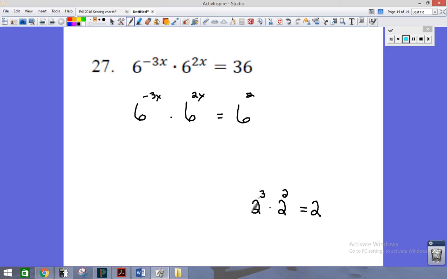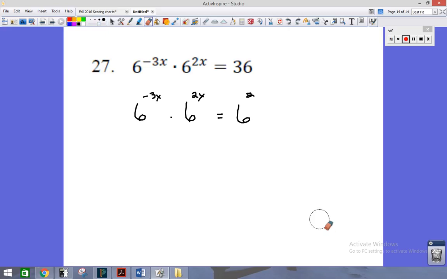Well, the slow way to do it would be to write 2 to the third power as 2 times 2 times 2, and 2 squared as 2 times 2, and then to count how many 2's I have. 1, 2, 3, 4, 5. Well, the faster way of doing it is to recognize, hey, I can just add 3 plus 2 and get 5. That's a faster way than writing them all out. So if I have the same base, and I'm multiplying these bases, all I have to do is add the exponents together.